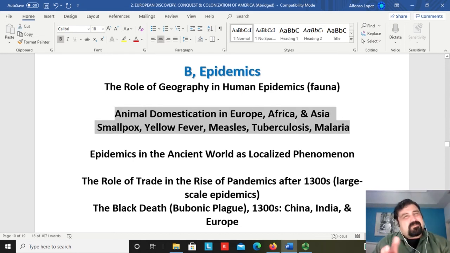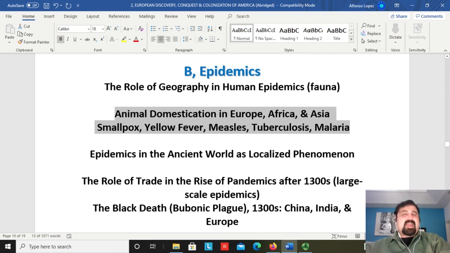So why is this the product of geography? Because the geography of Europe provided certain animals that people domesticated. They had been domesticating them for thousands of years. And in this domestication, this interaction between humans and animals, the animals began to transmit those microorganisms, those viruses, to people, and we see outbreaks of epidemics in Europe for literally hundreds and hundreds of years.